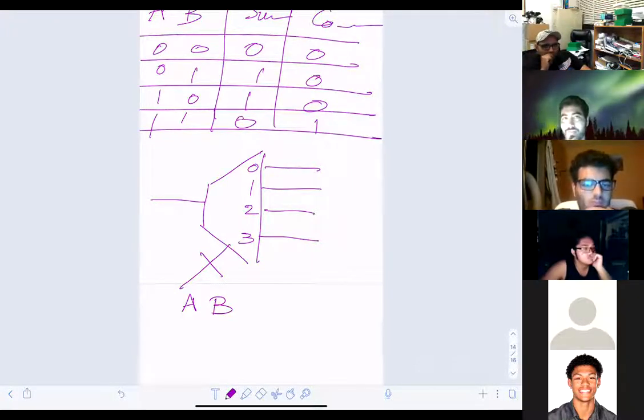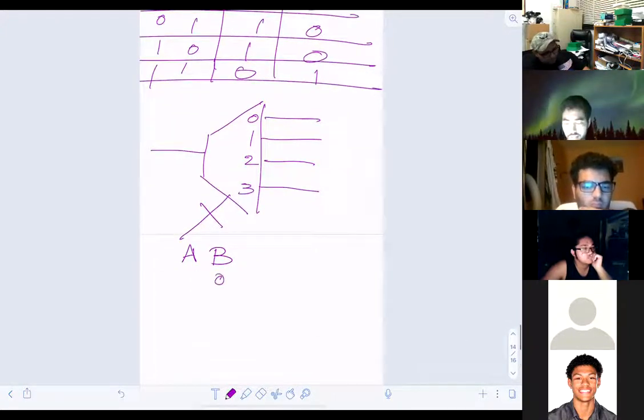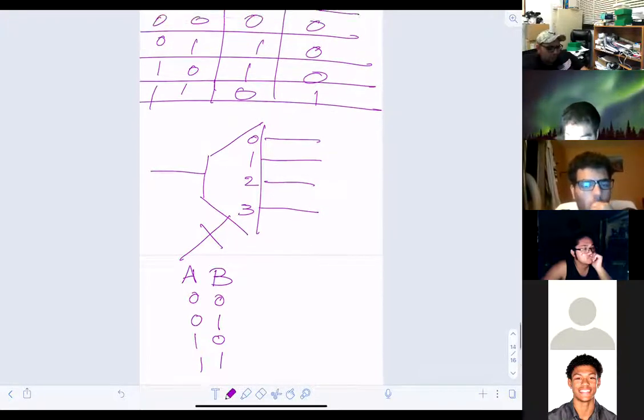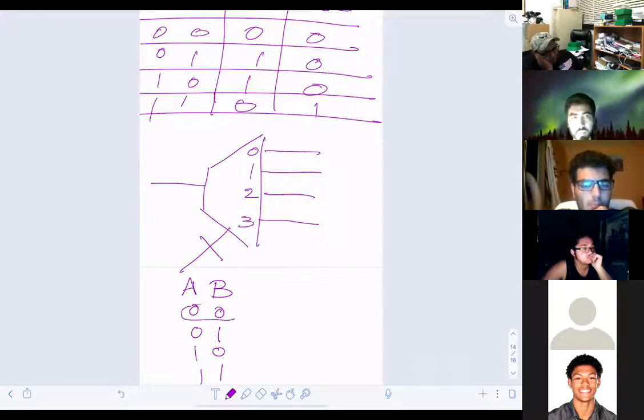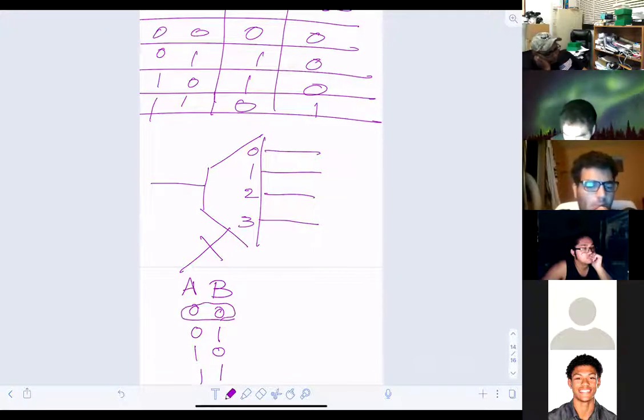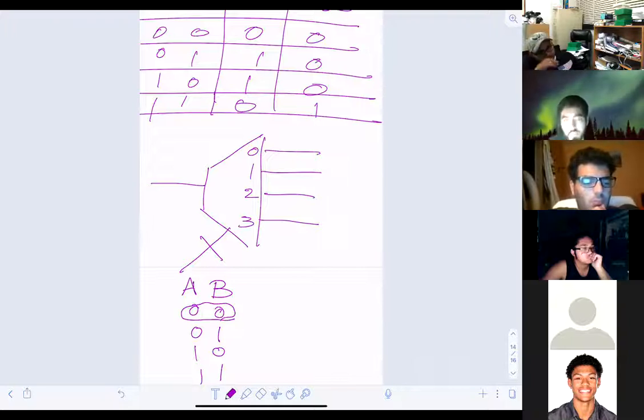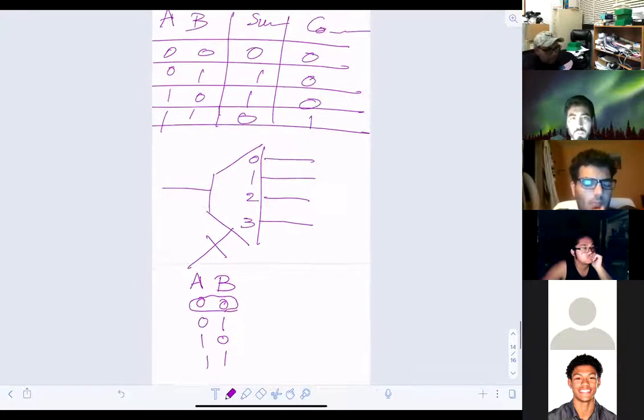Let's play and see how it's going to work. So 0, 0, 1, 0, 0, 1, 1, 1, and that will be for the sum, right? Do you agree? So when it's 0, 0, I want my output to be what? 0, right? So let's see how we're going to do it.